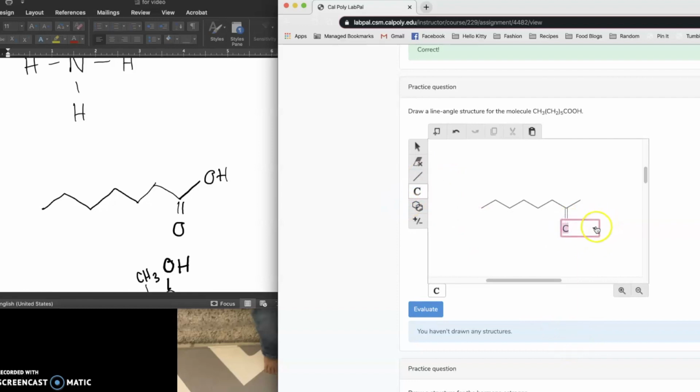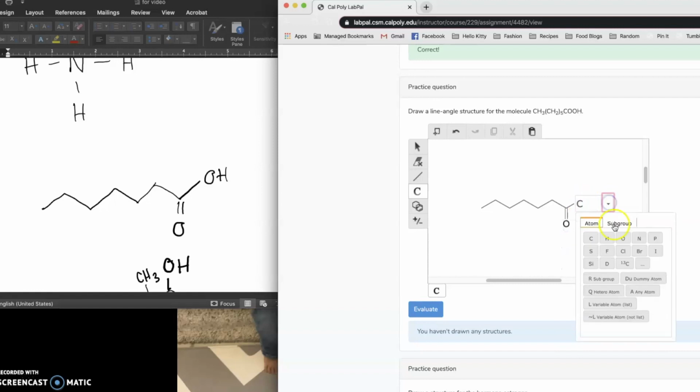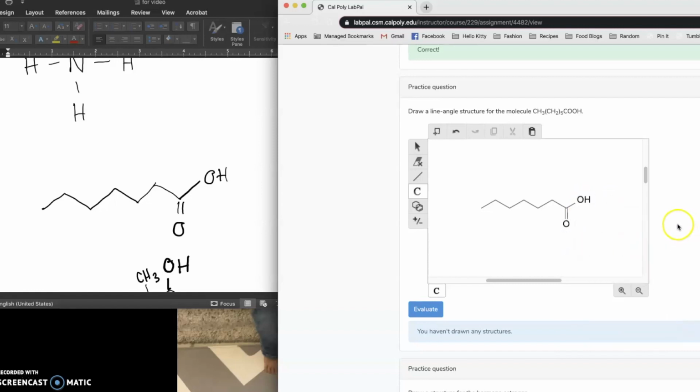So this is going to be oxygen. This is also going to be oxygen. Now what you don't have to add is the hydrogen bonded to the oxygen, because the molecule builder will correct the number of bonds so that the bonding rules are satisfied. So I just typed in O, but it added OH, which is exactly what I need. Awesome.